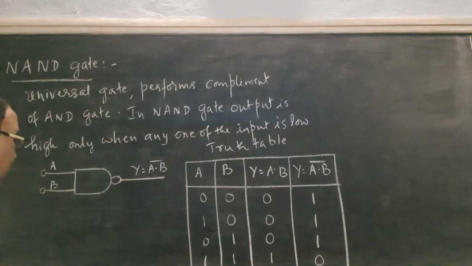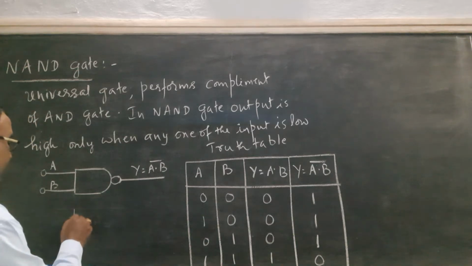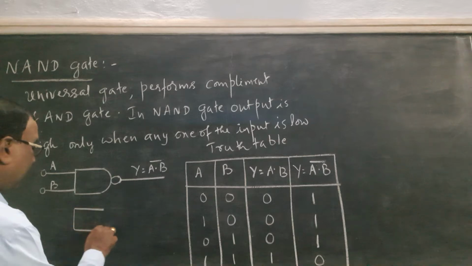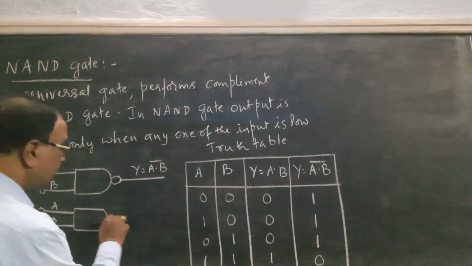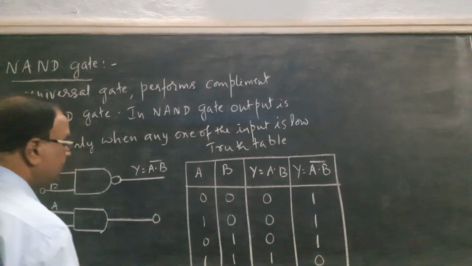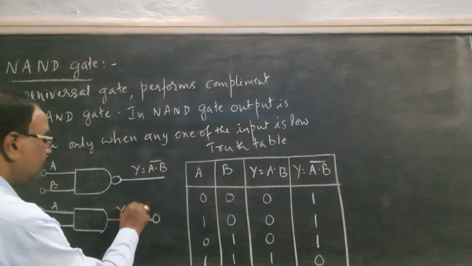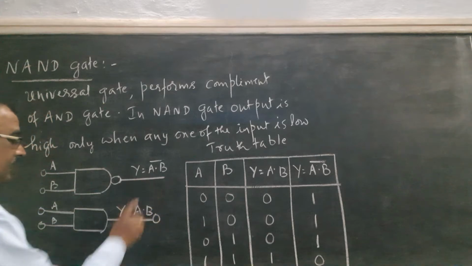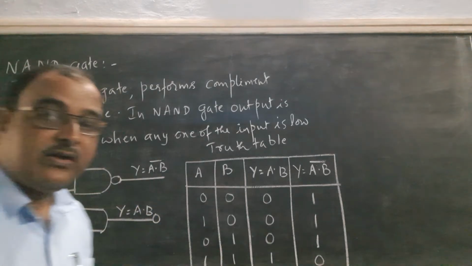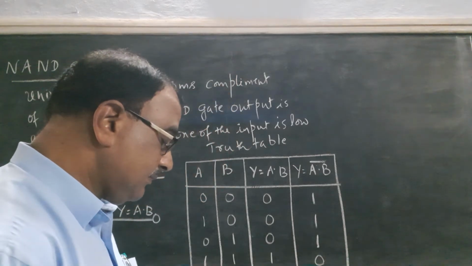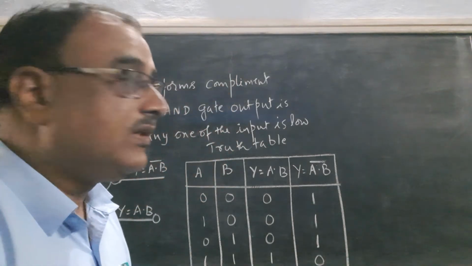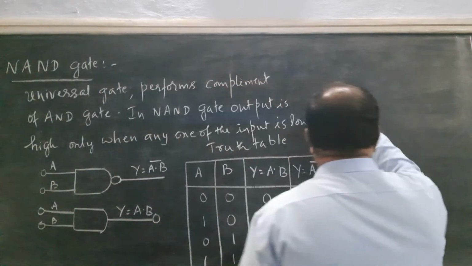And you are very much familiar with the difference between the representation of AND gate and NAND gate. This is A, this is B, there is no circle here. So output Y is equal to A dot B, whereas here it is Y is equal to A dot B bar, right?